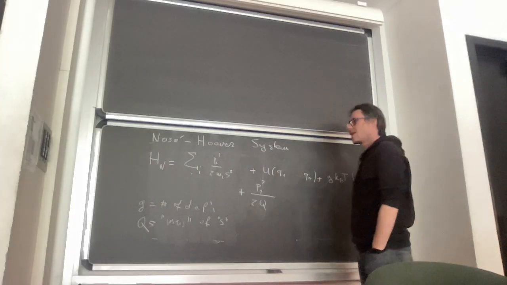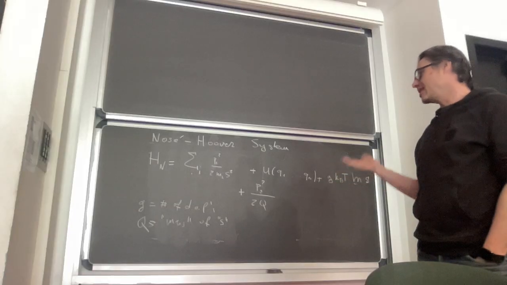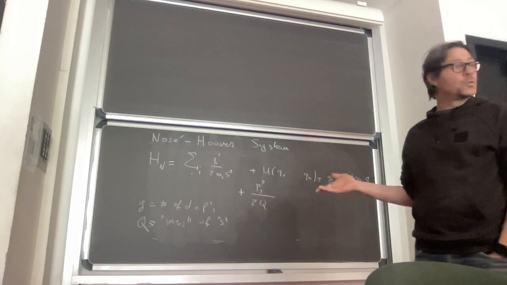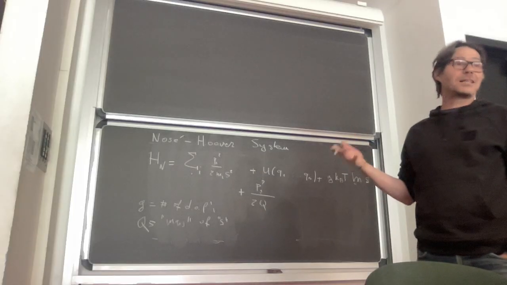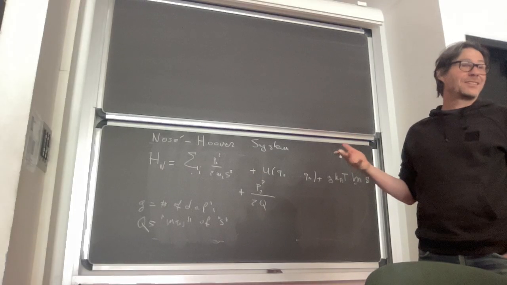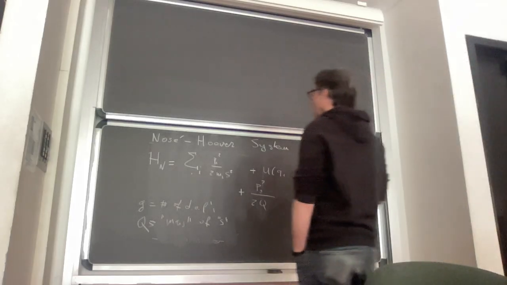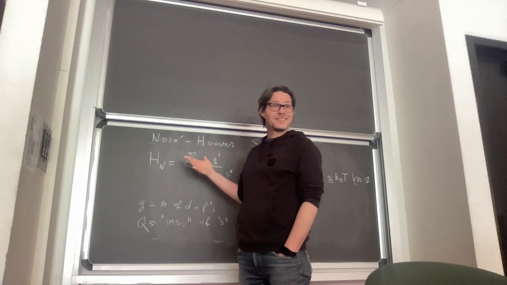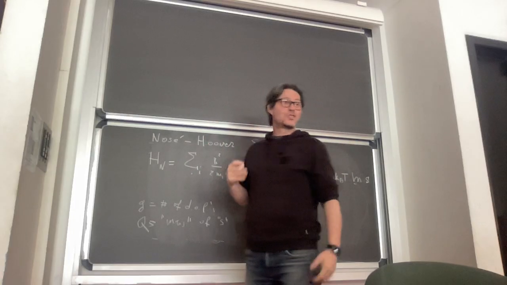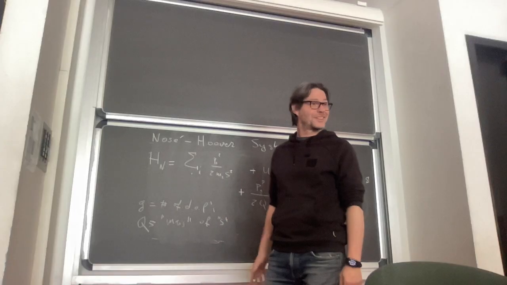Now, of course, what I need to do is to show you that this Hamiltonian yields a dynamics that ultimately gives the right stationary distribution. And the way to do that is to build the Liouville equation for this, take the right ansatz that you want to show as a stationary distribution and show that it is a solution.